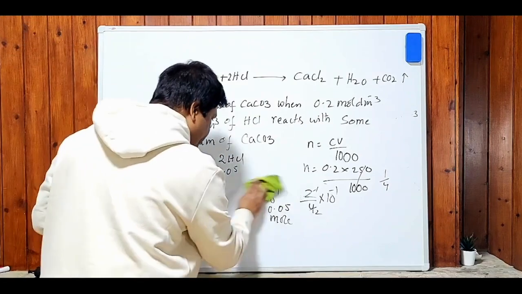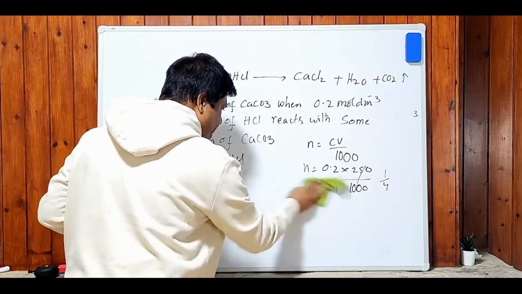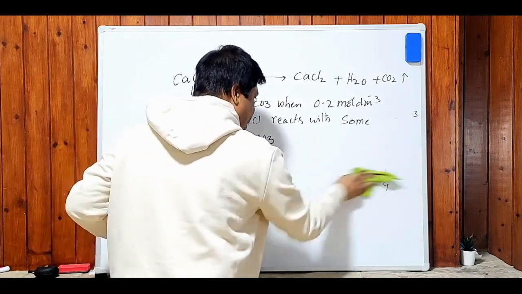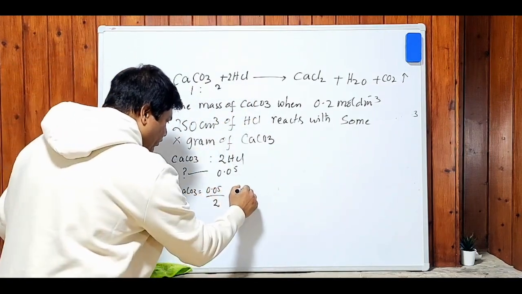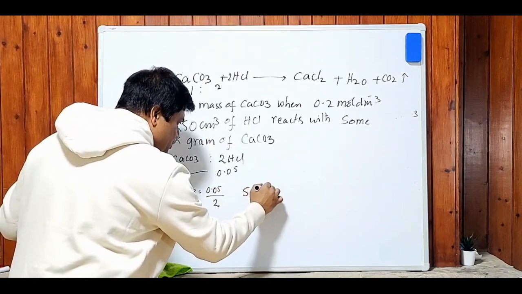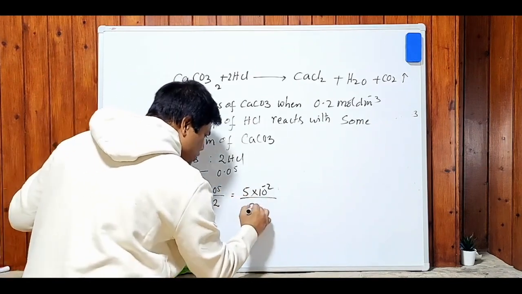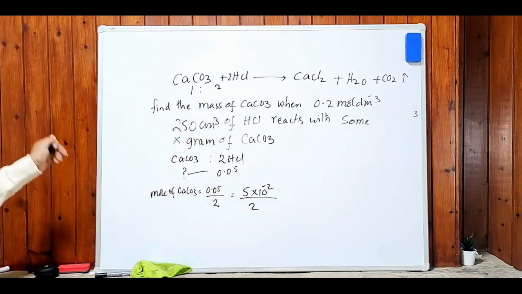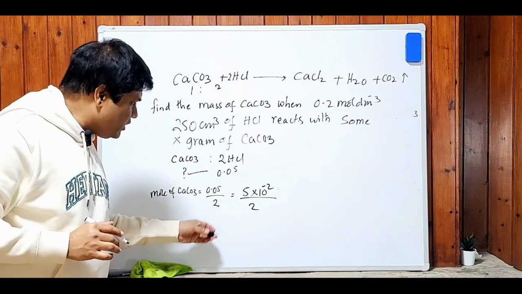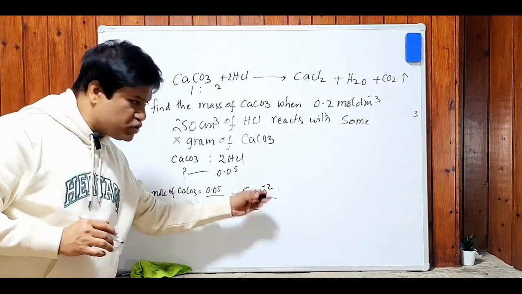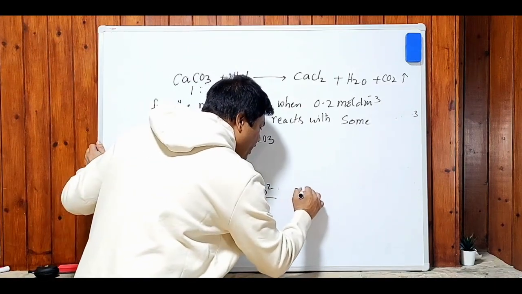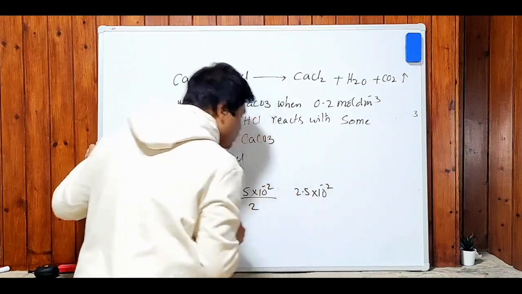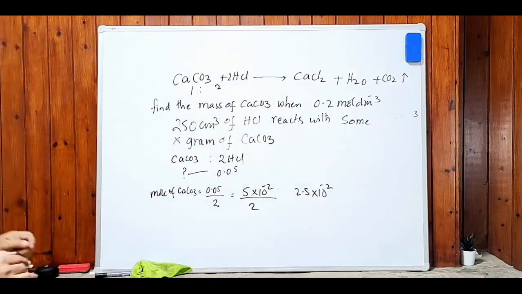Now, can I write 0.05 like 5 into 10 to the power of minus 2 divided by 2? To make your life easy, you can use the calculator. So 5 divided by 2 is 0.5 into 10 to the power of minus 2, which is the mole of CaCO3.